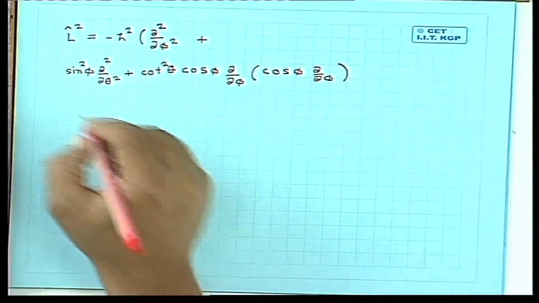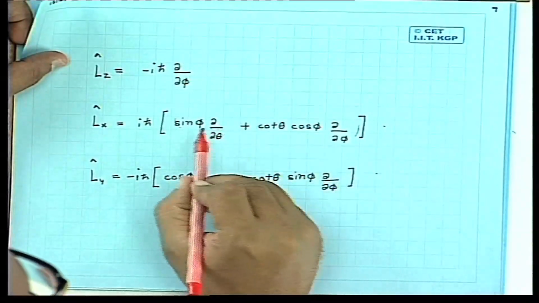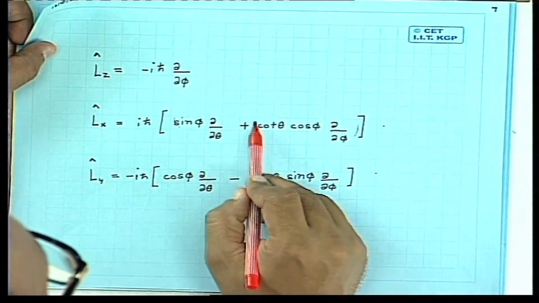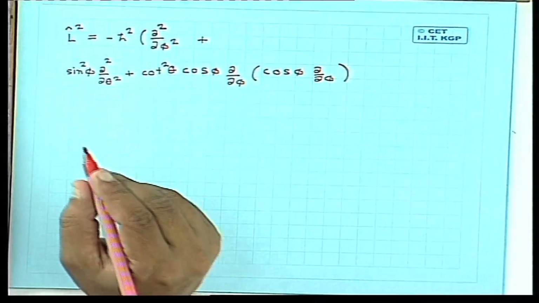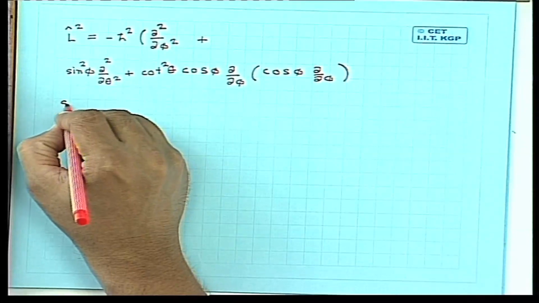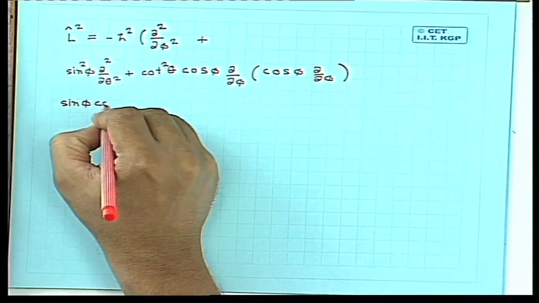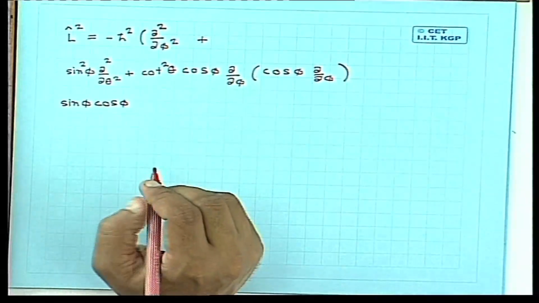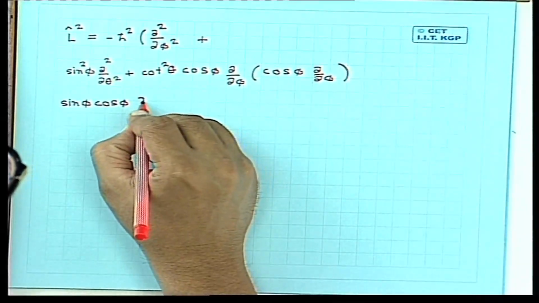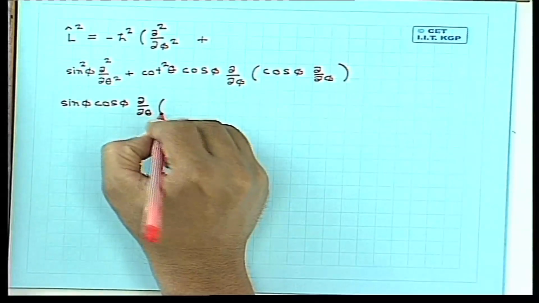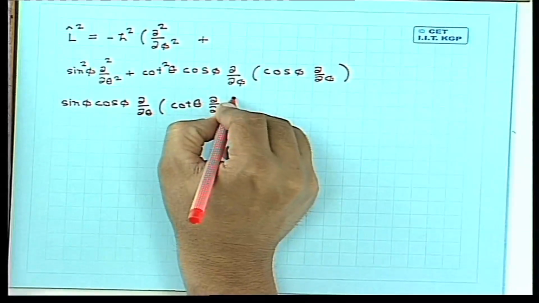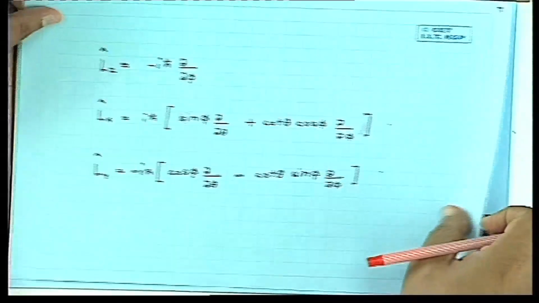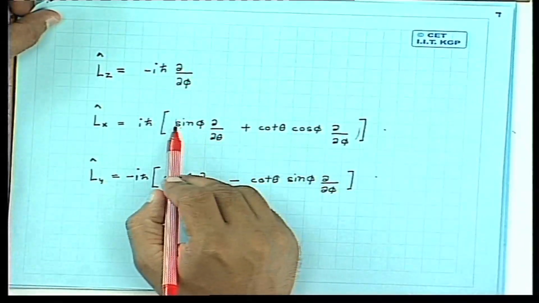Now we have the cross terms. There are two cross terms. The first cross term is the product of these two operators. Del del theta will act only on cot theta. So I have one term which is sin phi cos phi del del theta acting on cot theta del by del phi, and I have one more term which is this operator multiplied with this operator.